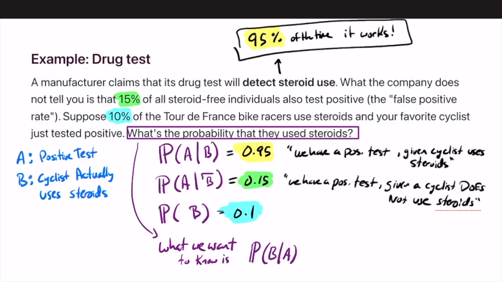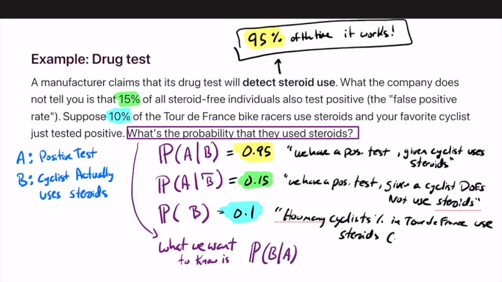So what this is saying is how many cyclists, what percentage, in the Tour de France, use steroids.